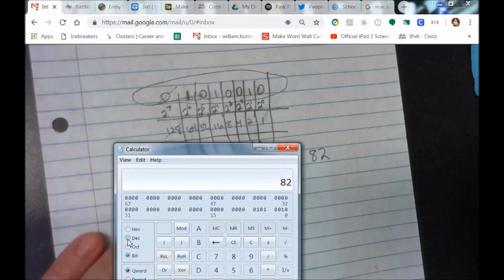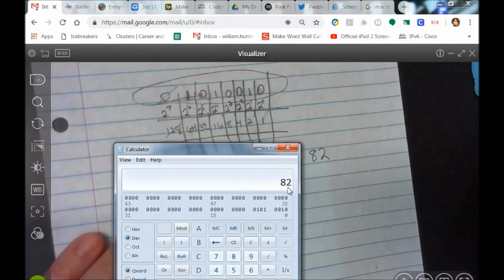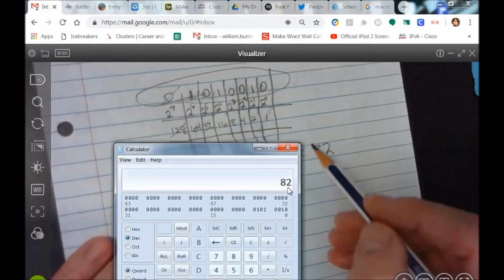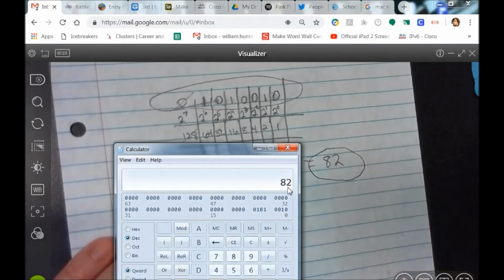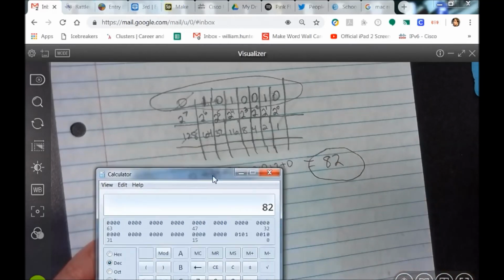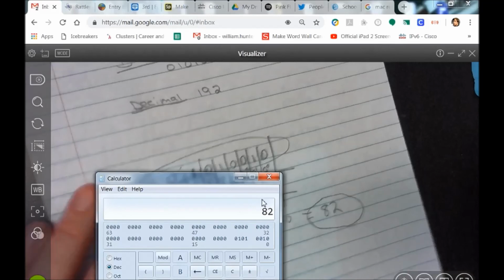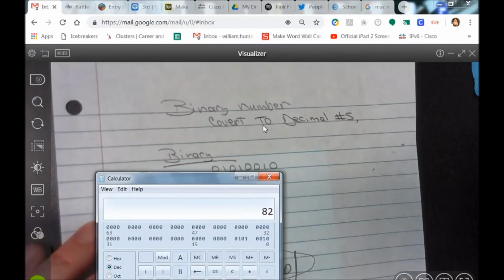I'm going to convert that to decimal, and it comes out to 82, which is the answer that I have right here. And that is how we would convert a binary number to a decimal number.